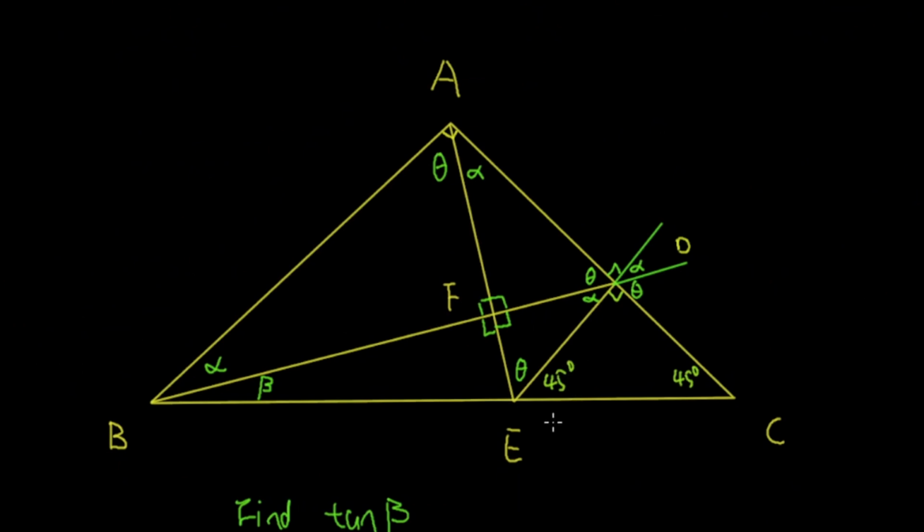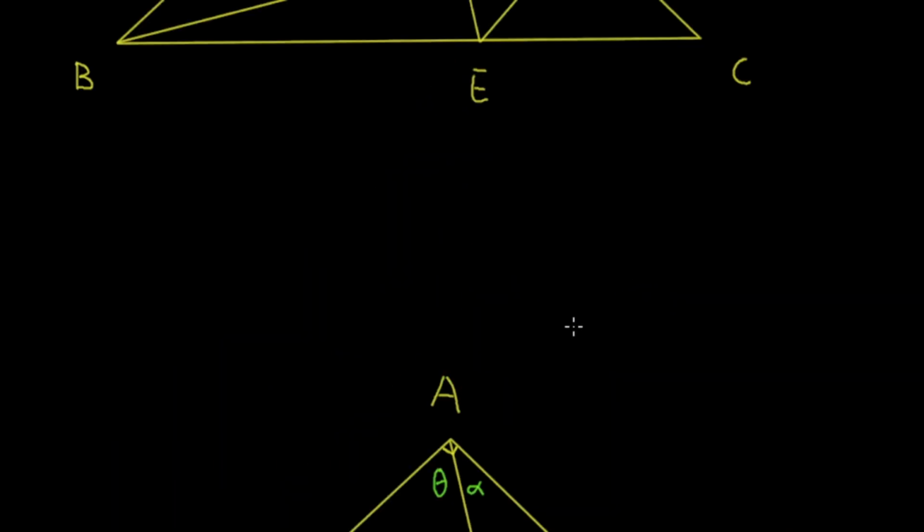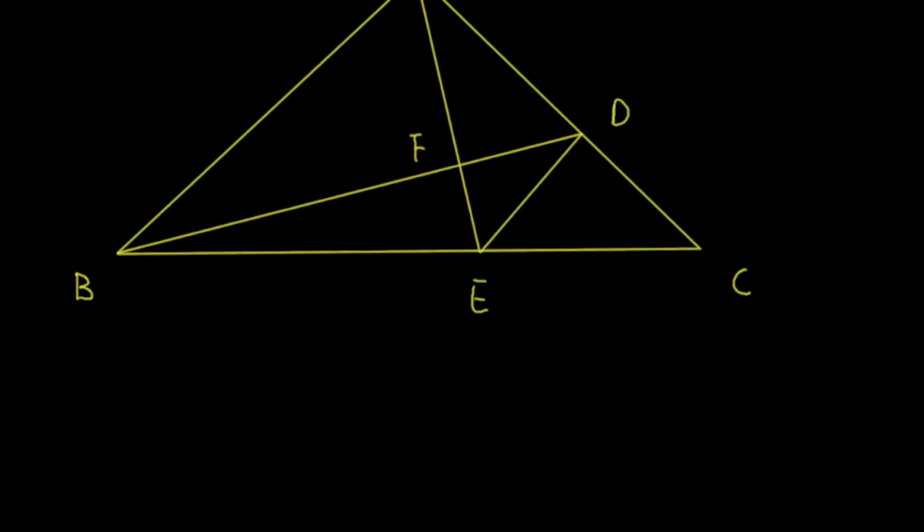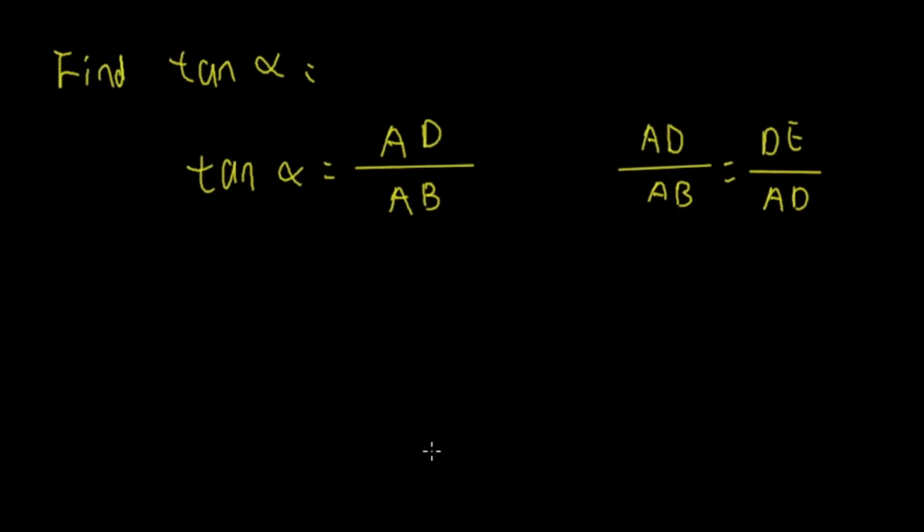We know that DE and DC are the same, and we know that AB is equal to AC. So we can say that DE is equal to DC and AB is equal to AC.